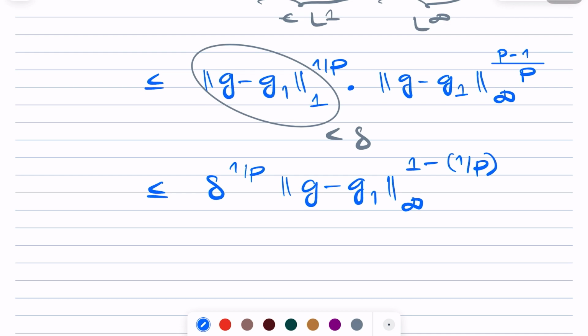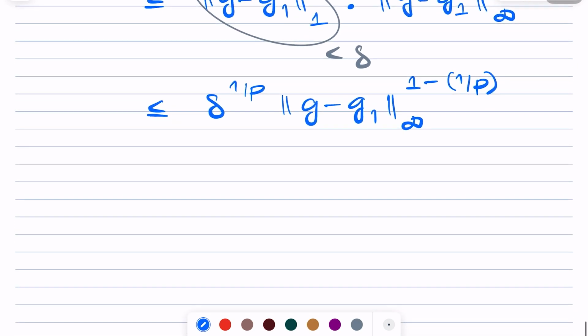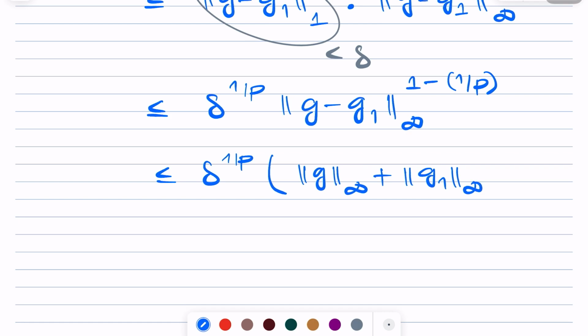Now again here, we can even bound the other term. This is also less than or equal to delta to the power 1 over p times, by the triangle inequality, the norm of g in L infinity plus the norm of g1 in L infinity, to the power 1 minus 1 over p.